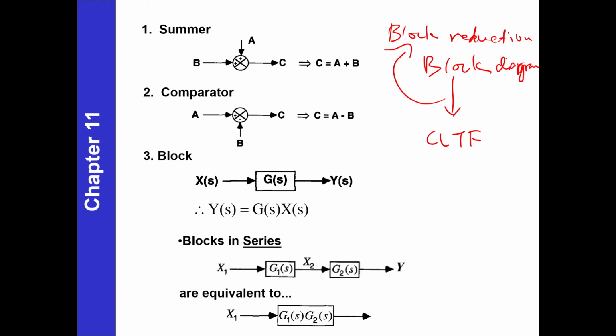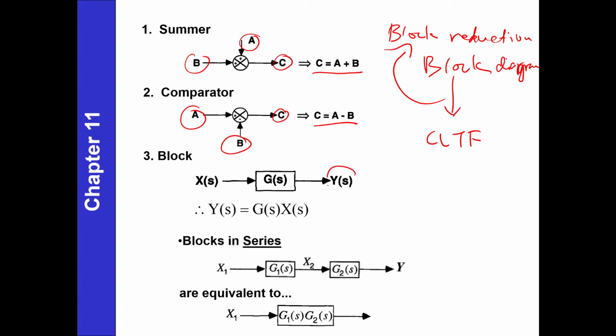Okay, so if you have a sum, C equal to A plus B, just like that, and we have a comparator, plus and minus, C is equal to A minus B. When we have a block like this, it is a multiply operation.